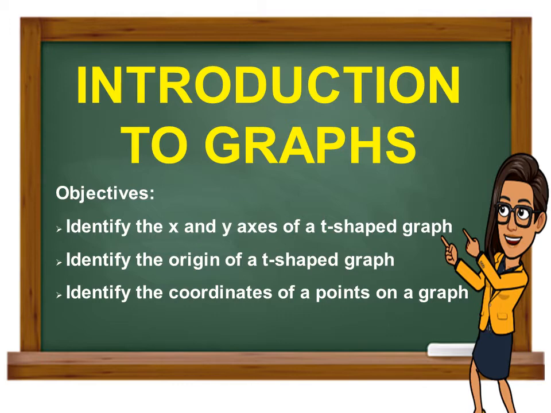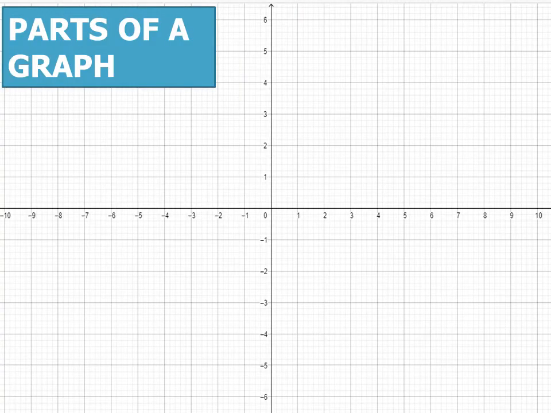Now, when I speak of a T-shaped graph, what do I mean? This is what I mean by a T-shaped graph. We see here that the graph is shaped like a T because the two bold lines that you see here make the shape of a T. What do you notice about these lines?